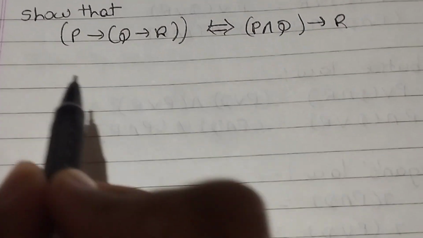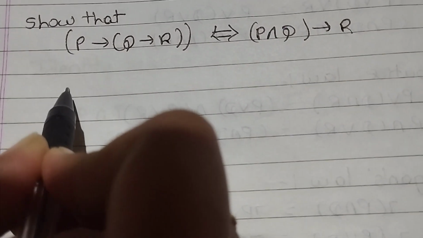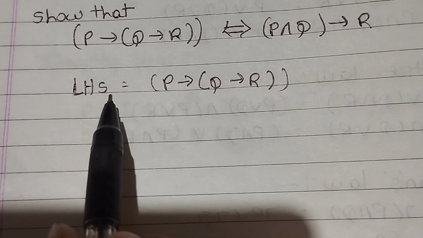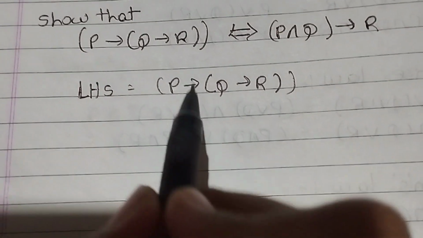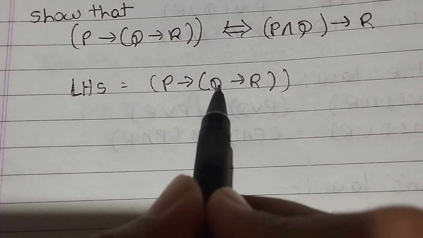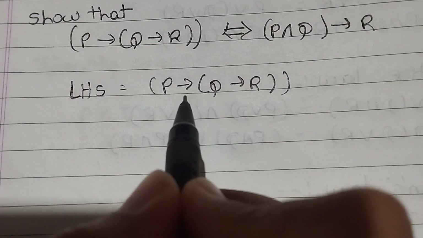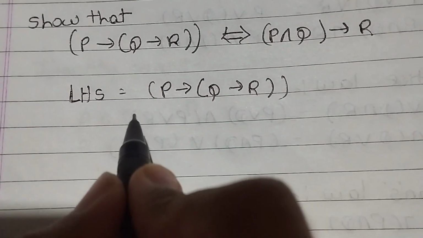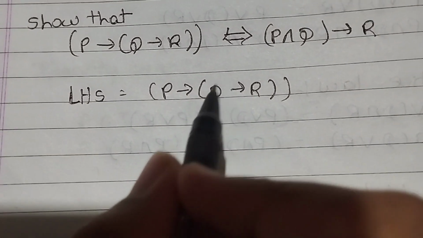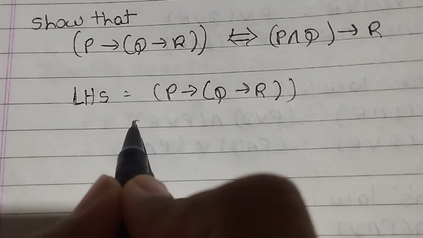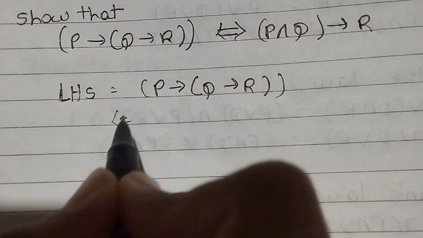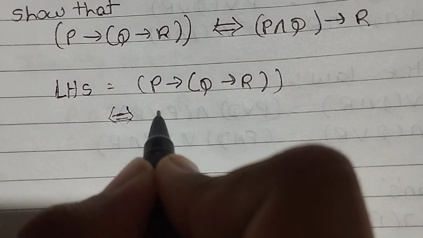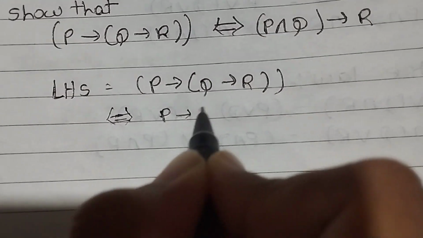So we take LHS and start to solve. LHS: P conditional in bracket Q conditional R. First we use the conditional law for the outer bracket; solving the inner bracket first has no effect on the result. Then P conditional.